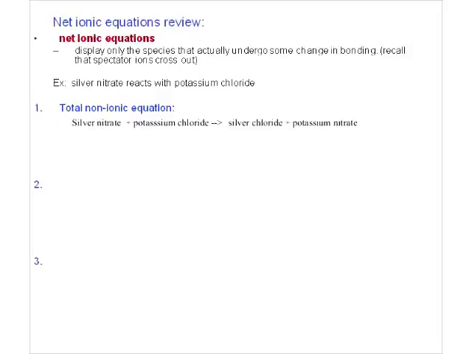Now we want to write these in their chemical formulas. So here we go: silver nitrate, AgNO3, potassium chloride, KCl, silver chloride, AgCl, and potassium nitrate, KNO3. Now, you notice here I've got the subscripts changed. These two were both aqueous solutions.